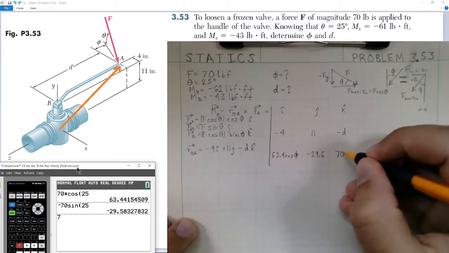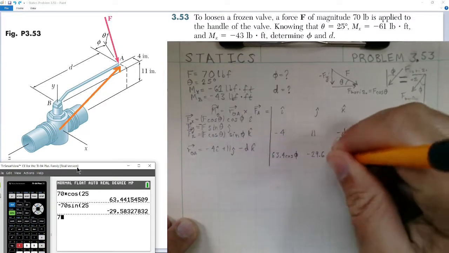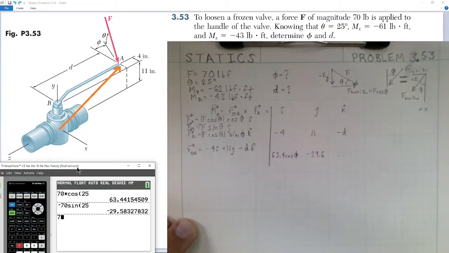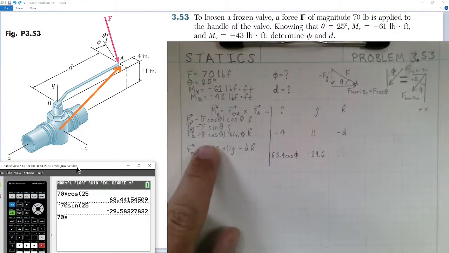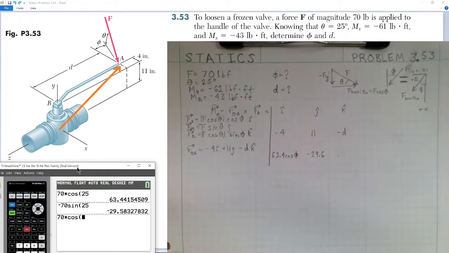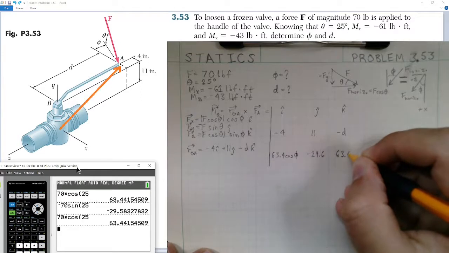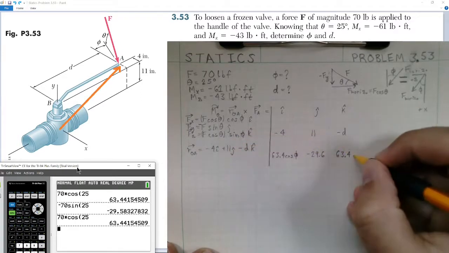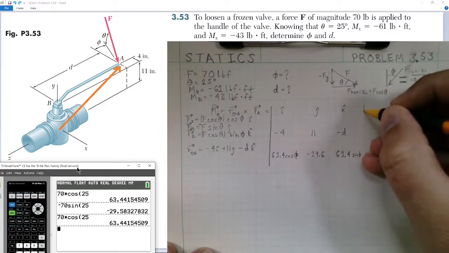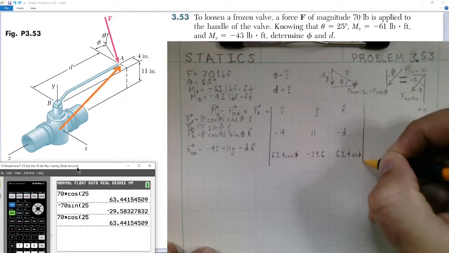So we'll multiply it out: 70 times the cosine of 25 again, which we know is 63.4. The difference is for the z component, it is sine of phi, not cosine of phi. So now we have our components in our matrix.